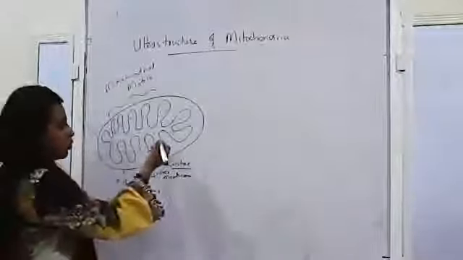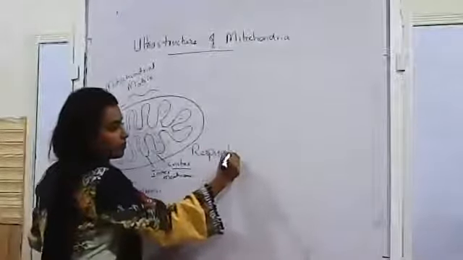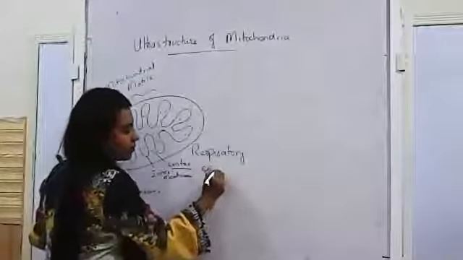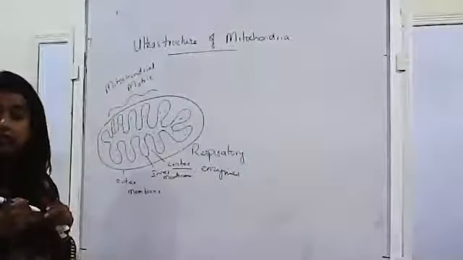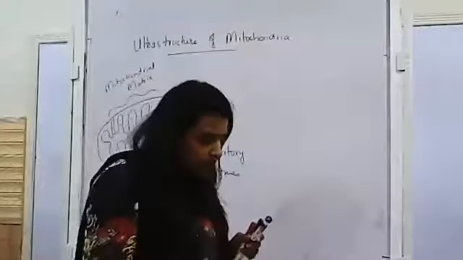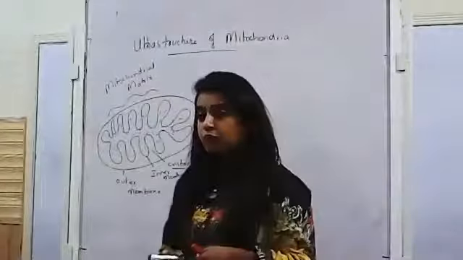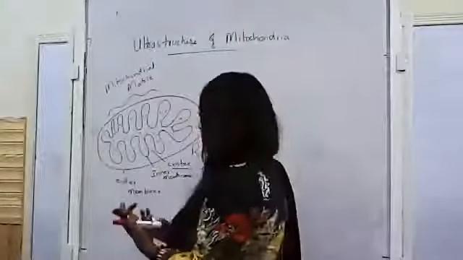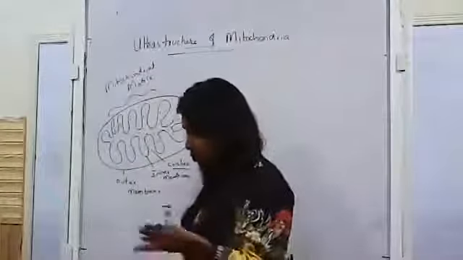So it contains respiratory enzymes. Now this was all basic that we've already done, right? And I told you that there is a structure known as porin, a porin protein that allows the movement of water and glucose inward towards the mitochondria. That's how this works, right?